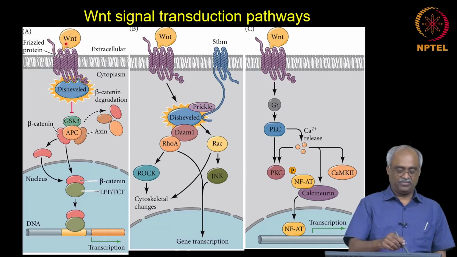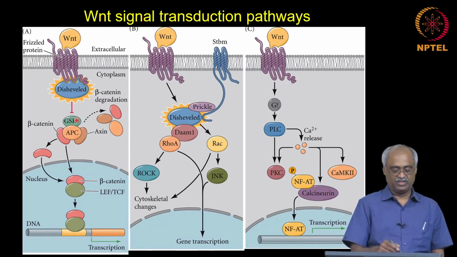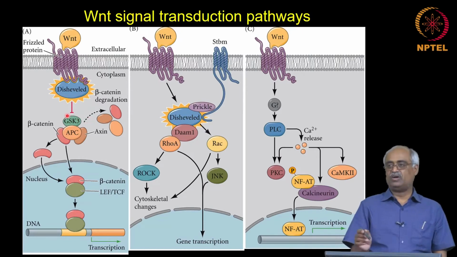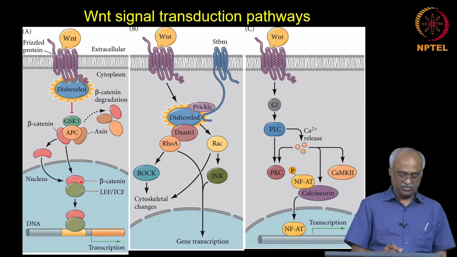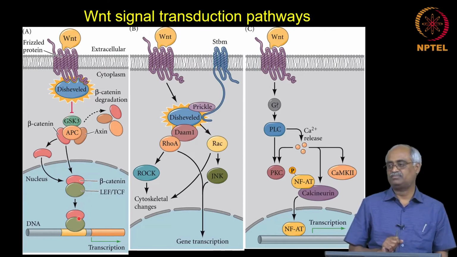But when Wnt binds to the frizzled receptor, again a transmembrane receptor, the transducer disheveled gets activated and suppresses GSK3. Now beta catenin is not going to be cleaved, and it will migrate into the nucleus, associate with this factor and activate transcription. That is how this works.